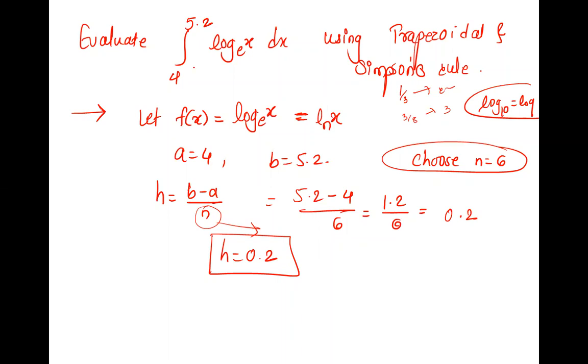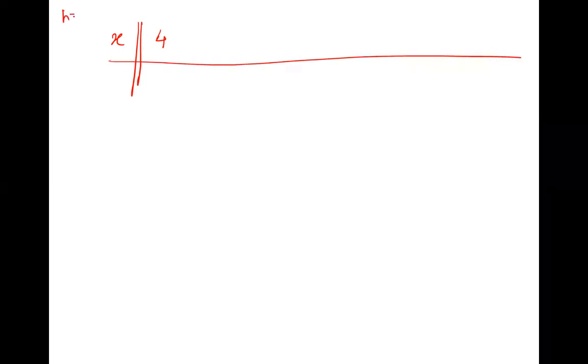So x starts with 4 and step size is 0.2. So what are the values of x then? First is 4. Then what is the next value? With h is 0.2, add 0.2 to this. 4.2, 4 plus 0.2. What will be next?